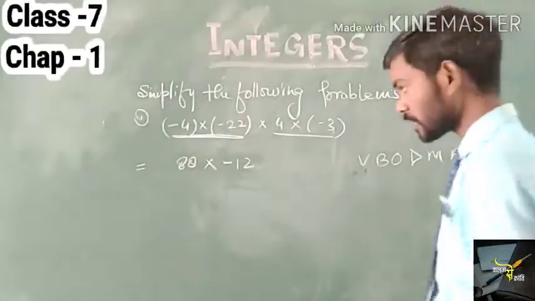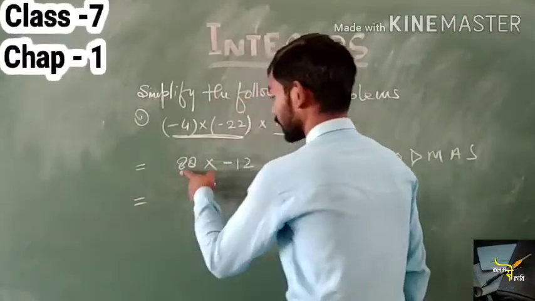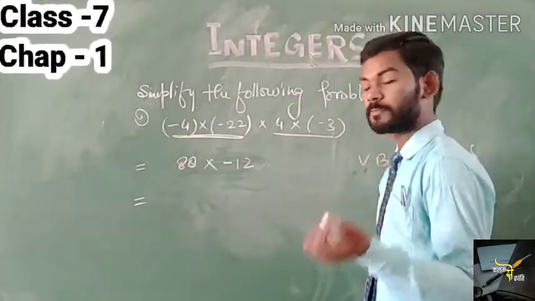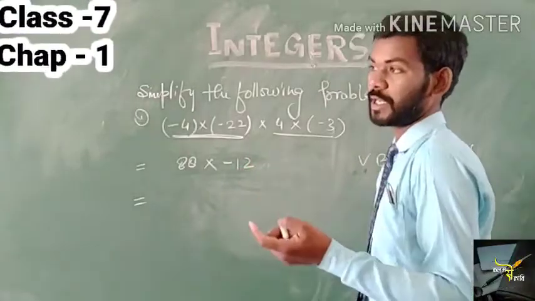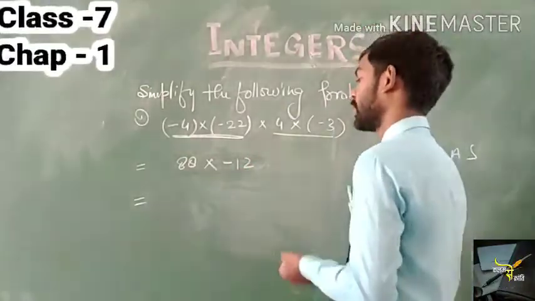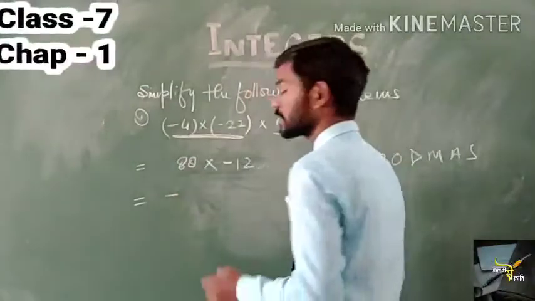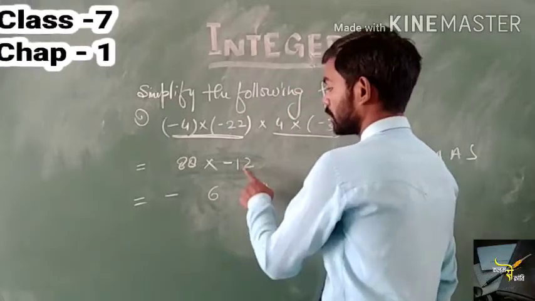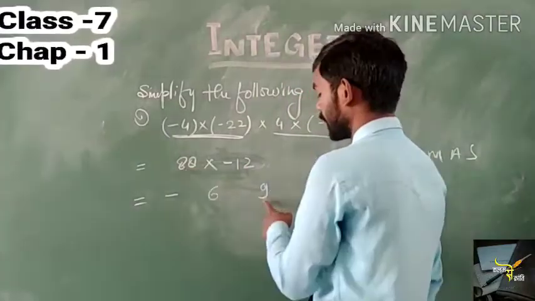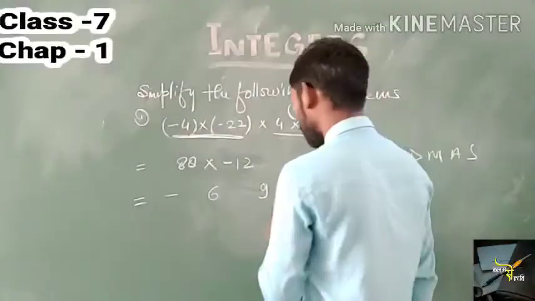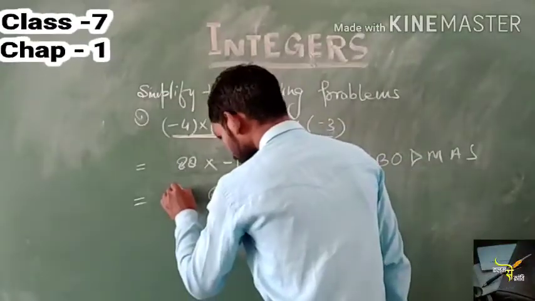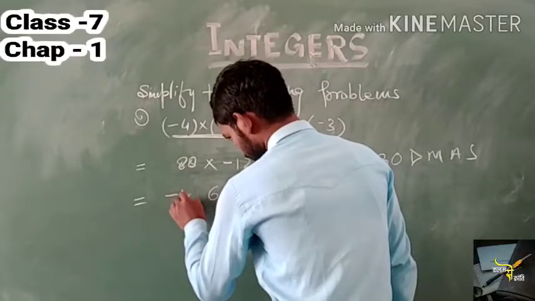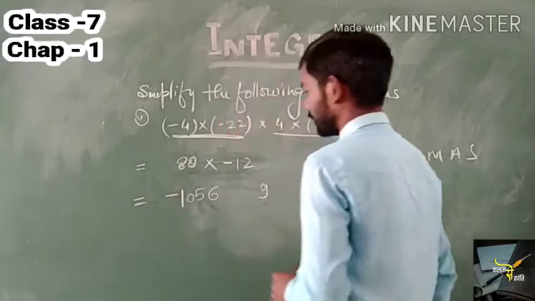Again in the next step, the 88 has the sign plus, and 12 has the sign minus. So when plus and minus are multiplied they give us minus. 12 times 8 is 96, carry 9, and 12 times 8 is 96, and 96 and 9 is 105.